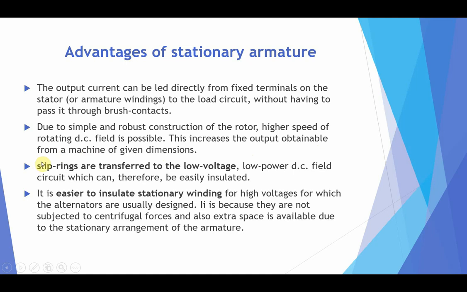Another advantage is slip rings are transferred to the low voltage side, meaning on the rotating side where we need to excite the rotating field. And the fourth one is it is easier to insulate stationary winding as compared to rotating winding for high voltage, because it is not subjected to centrifugal force, and also extra space is available due to the stationary arrangement of armature.